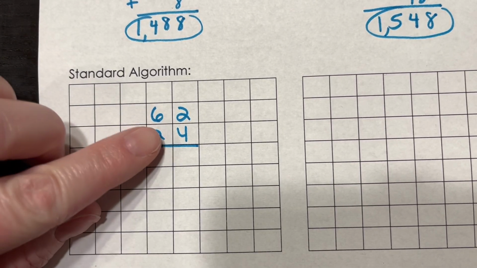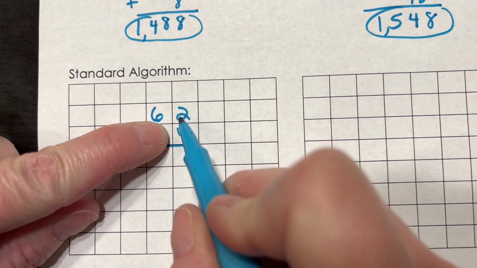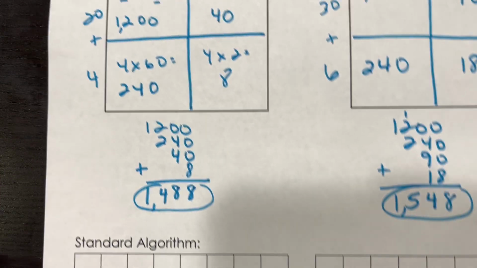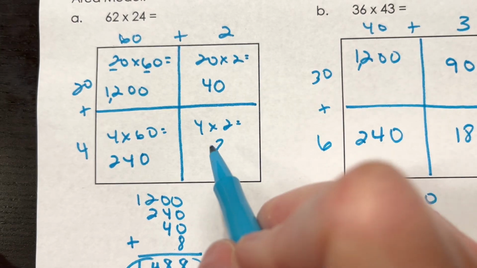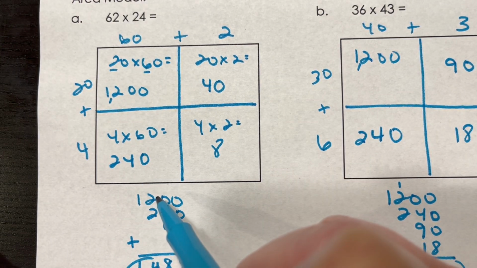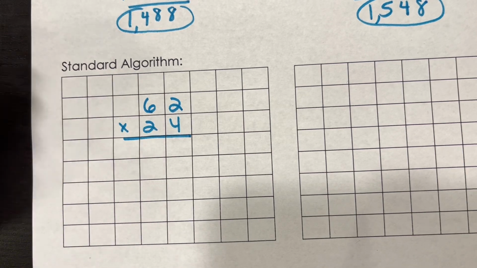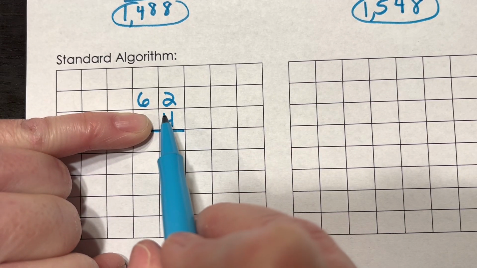Now, the other day you just did like 62 times 4, and we multiplied the 4 by the 2 and the 4 by the 6, right? And that's what happened over here. We multiplied the 4 by the 2, right? But we didn't multiply 4 by 6, we multiplied 4 by 60, which that's what happens, right? We get that 240. So first step here, we're gonna do what we did before. Let's just do the 62 times the 4.